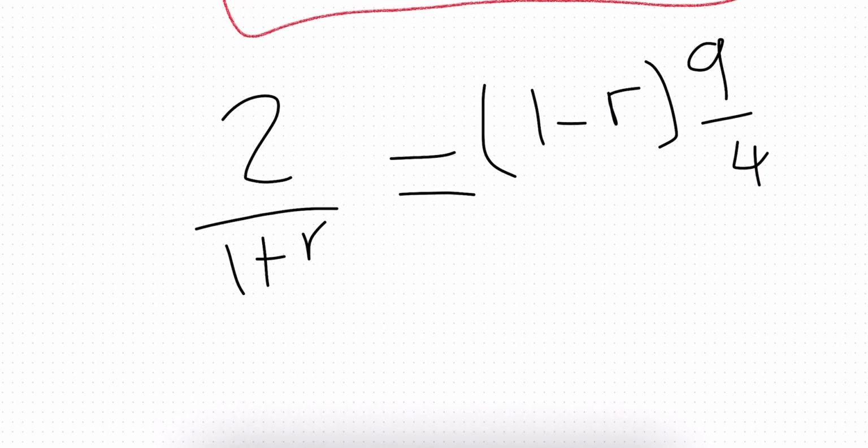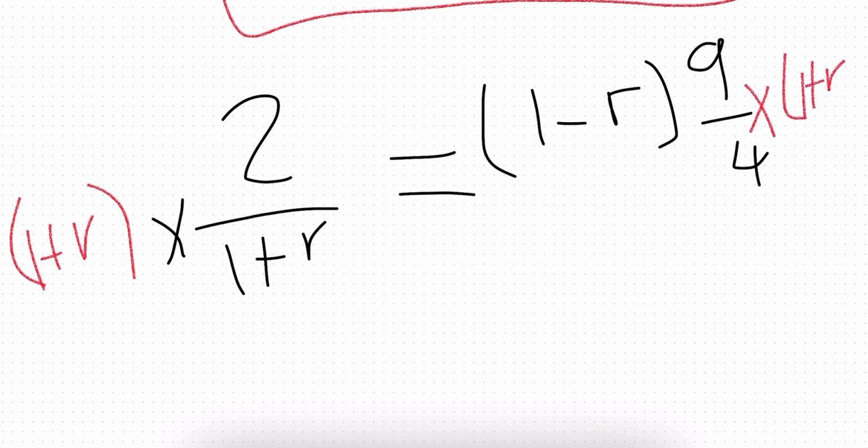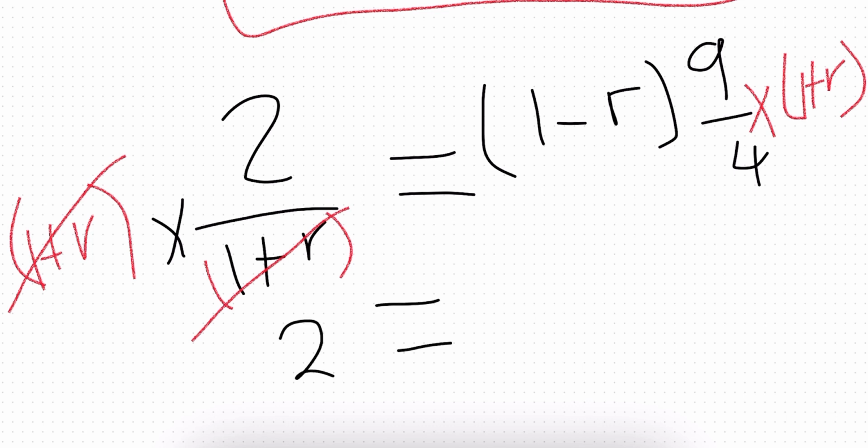We can multiply by 1 plus r on both sides. So this will cancel with this over here. Then you'll be left with 2 equal to 1 minus r.